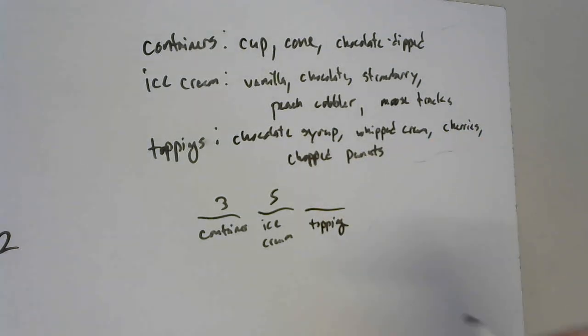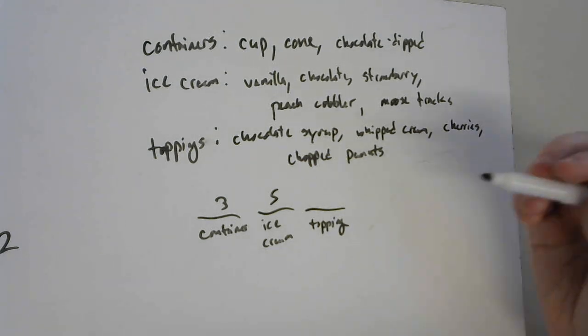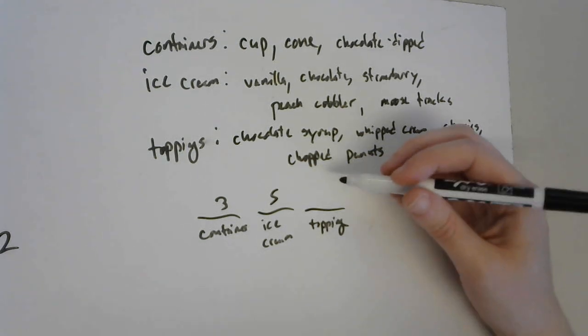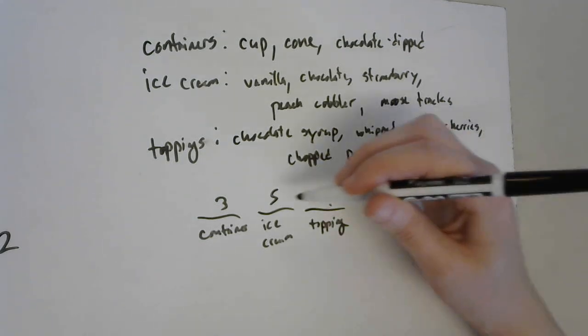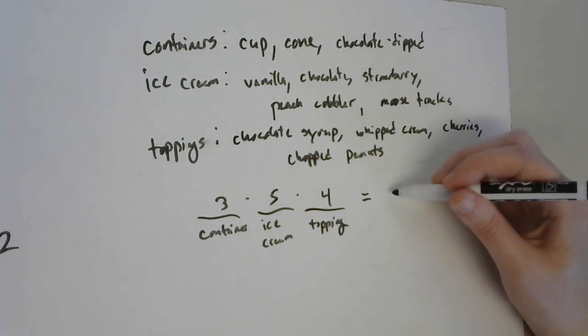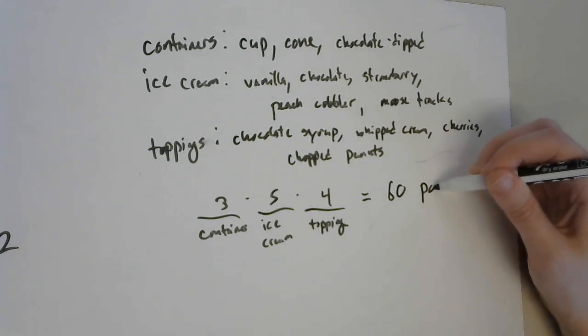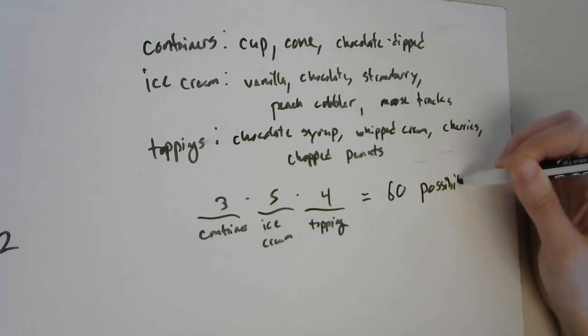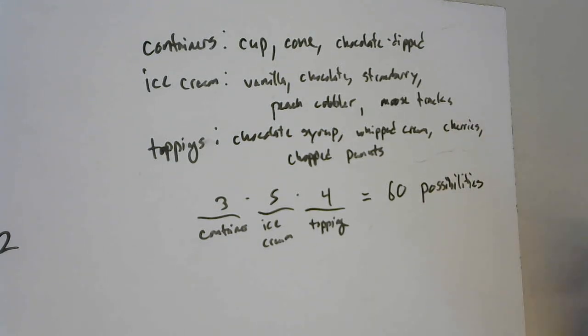So for each of our container and ice cream combinations, we could equally well choose any one topping. Our budget doesn't allow us more than that. So we've got 4 toppings there. If we multiply all 3 of these together, we could figure out that we've got 60 different possibilities. If we were to have constructed a tree diagram, it would have demonstrated the same thing. It just would have taken a very long time.